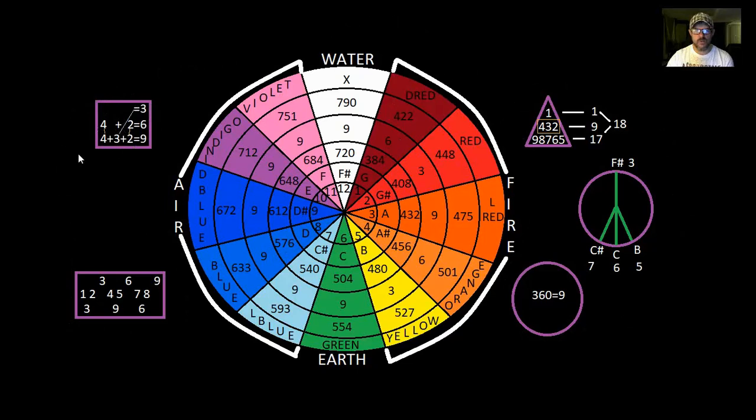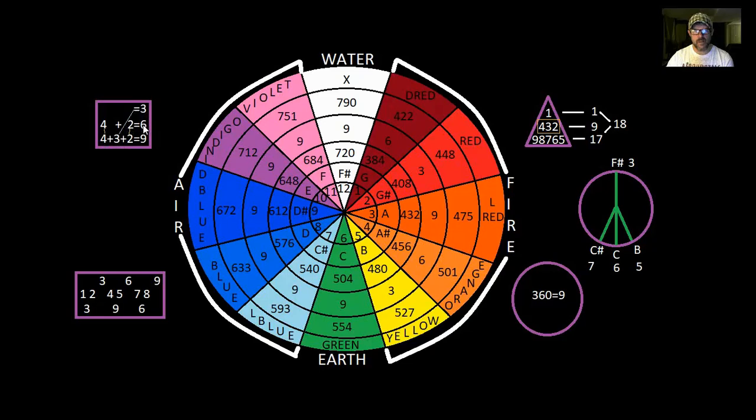When I first started doing all this stuff, one of the first things I did was I was infatuated with the 432 and all the things I was finding. One of the first things I found was 4 plus 3 plus 2 equals 9. Now, if you isolate the 3 in the 432, you're left with 4 and 2. 4 plus 2 equals 6.